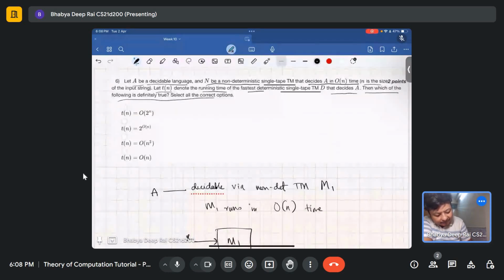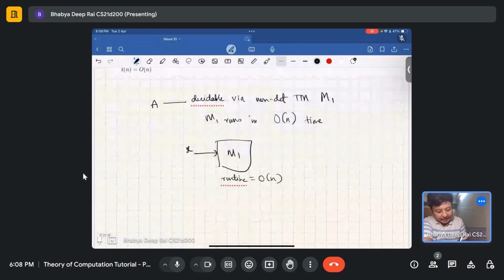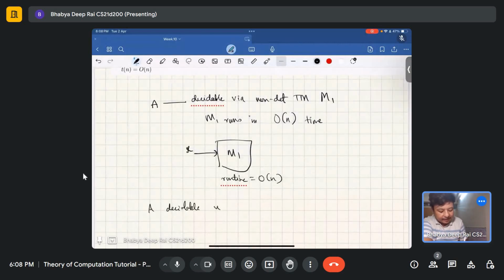Next, we are saying the fastest deterministic single tape Turing machine that decides A. A is decidable via a deterministic Turing machine. Let me call it M2. And how much time does it take?